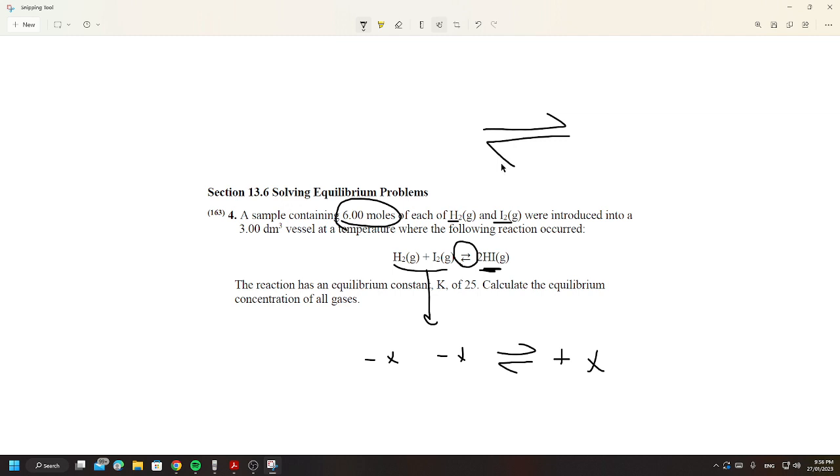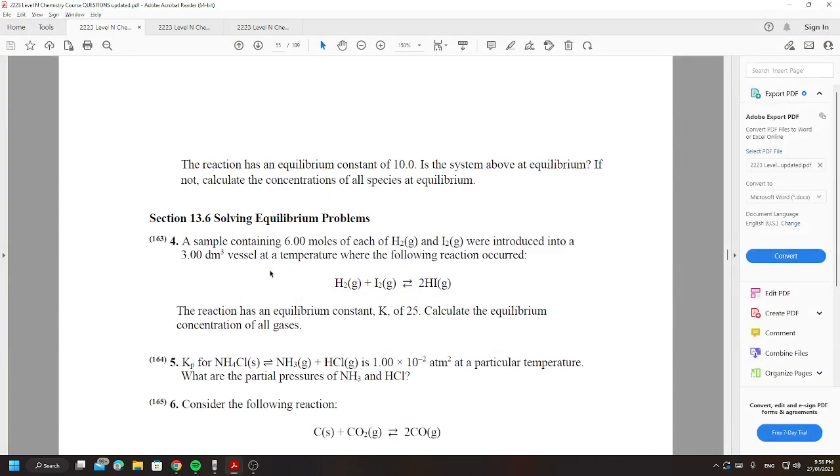This means that this is a reversible reaction, so the reaction can go backwards. So basically, this product can be consumed to form the two original reactants we had, or vice versa. The two reactants can combine together to form the product 2HI. So we just solve the same way we did last time, and yeah, that's it.